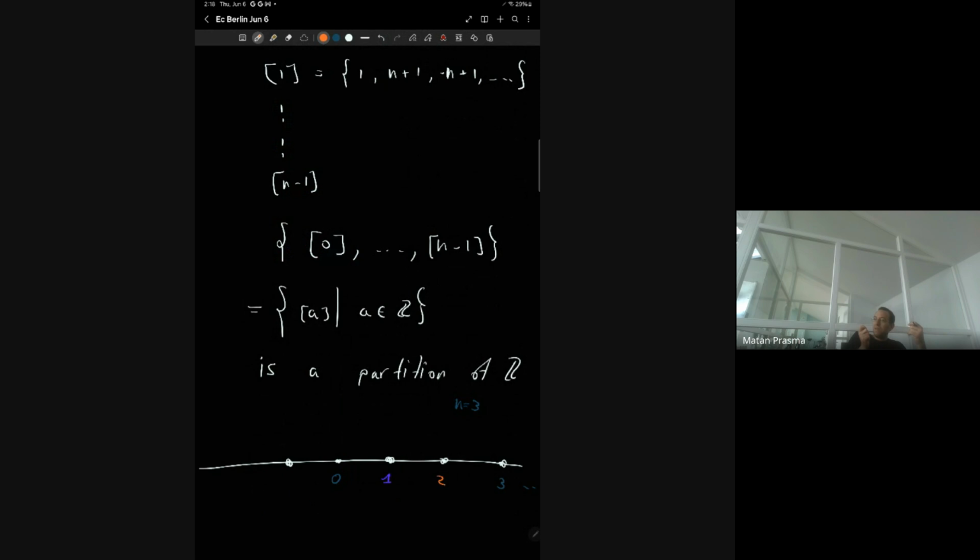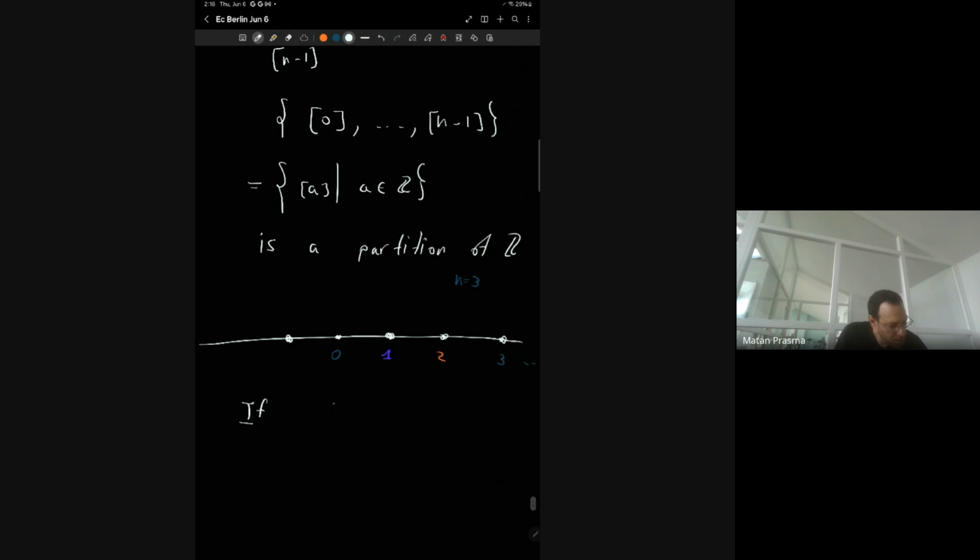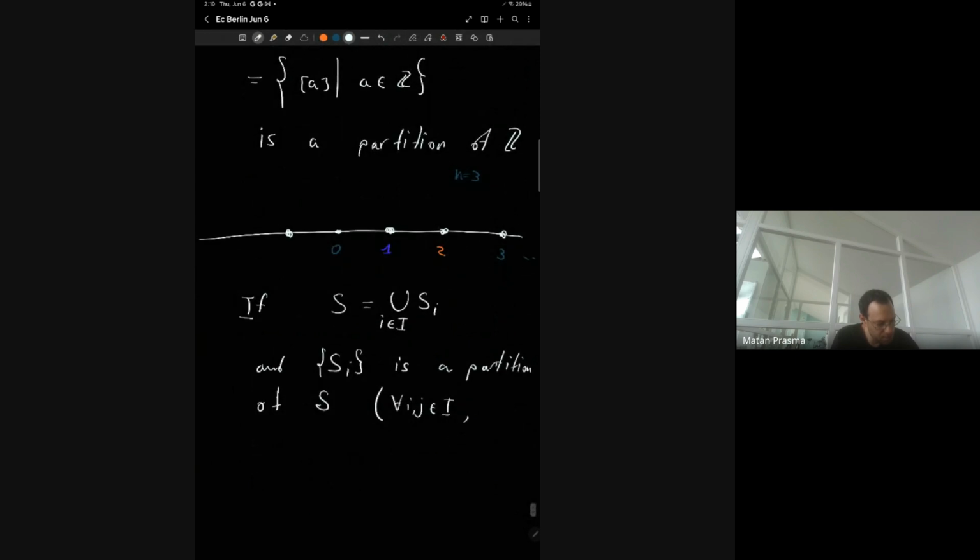As you give me a partition, let's say S is the union of S_i, i in some index set, and the S_i form a partition of S. That is, I remind you, for any i and j in the index set, either S_i is equal to S_j, or S_i intersection S_j is the empty set.